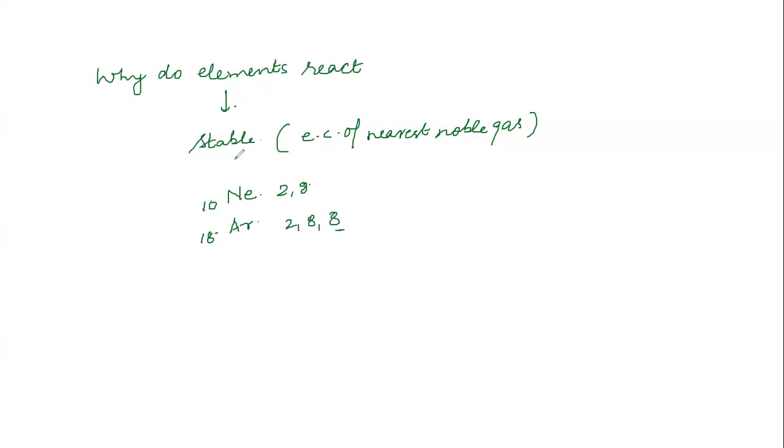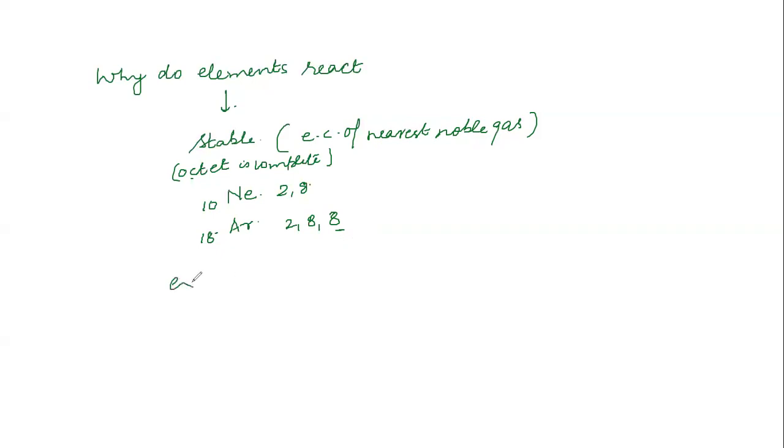So it means that the element will become stable when its octet is complete. Any element will try to become stable by completing its octet, meaning by having 8 electrons in its outermost shell, and then they'll start resembling the electronic configuration of the nearest noble gas.